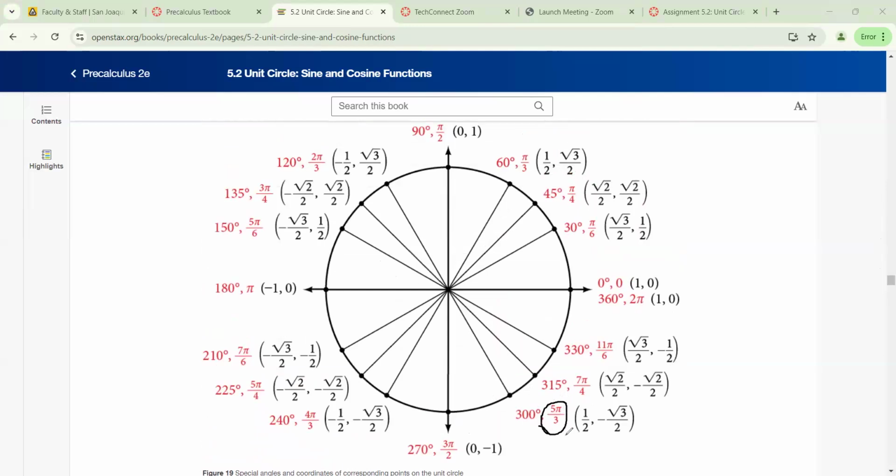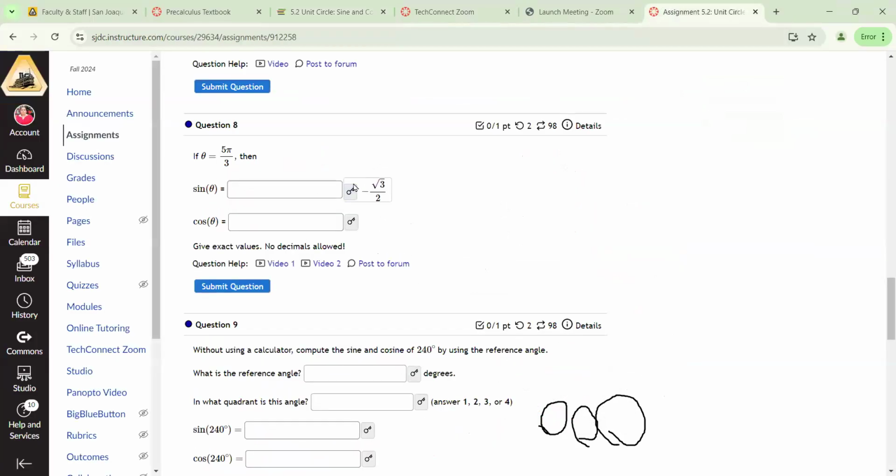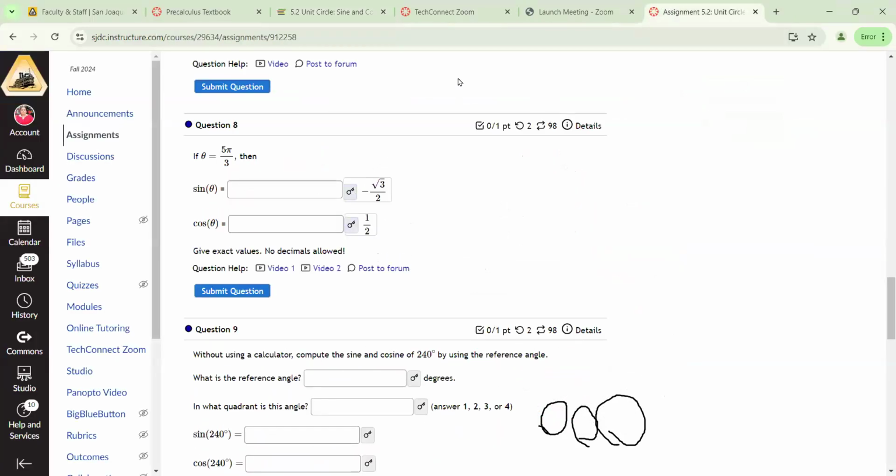The question is asking the cos value and the sine value exactly. So the cos is 1/2 and the sine is negative square root 3 over 2. That's all we're going to say by reading the unit circle and writing the answer here. Negative square root 3 over 2 and 1/2. That comes from the unit circle.